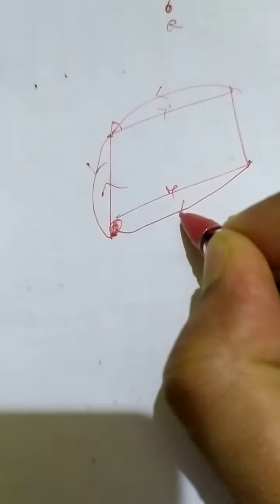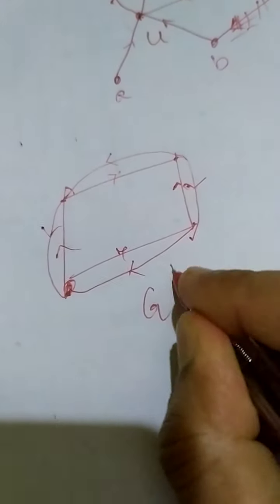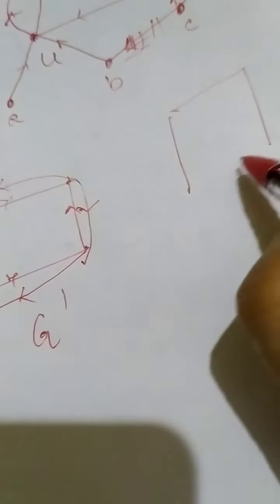The resulting graph we call Z dash. This is the original graph Z.